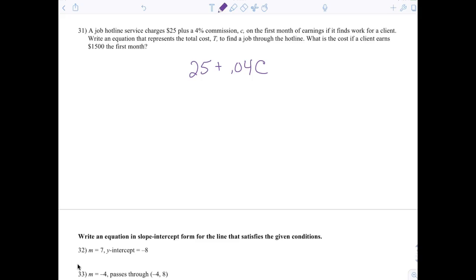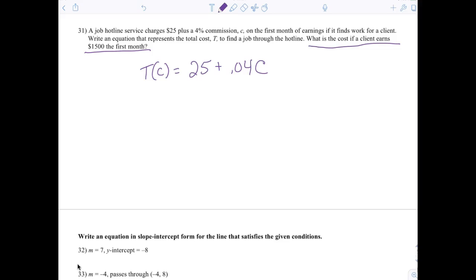Everybody with me on that? Does that make any sense? All right, so the total cost is going to be $25 plus 4%. Now it's saying here, what is the cost if the client earns $1,500 the first month?